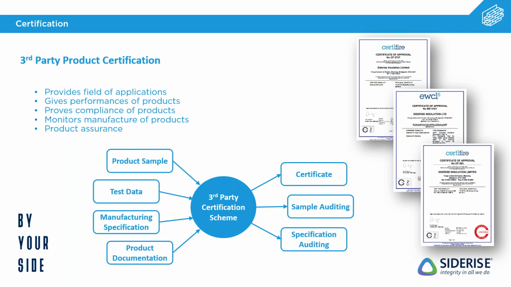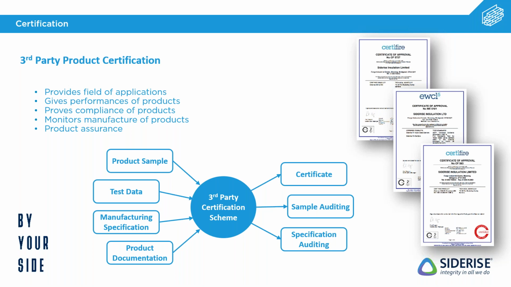Then they'll analyze that all together and provide a certificate which will give you your field of applications, what that product's intended use is, what kind of performance it gives you, how it's installed, things like that. And then that certificate will have an expiry date, unlike a test report, which is valid forever, it's just data.